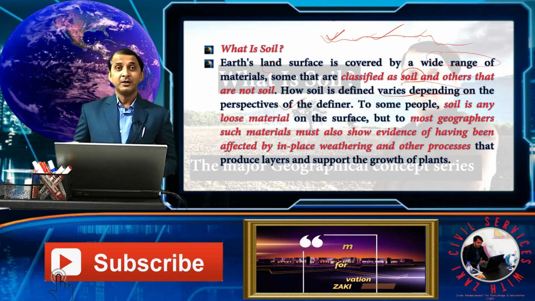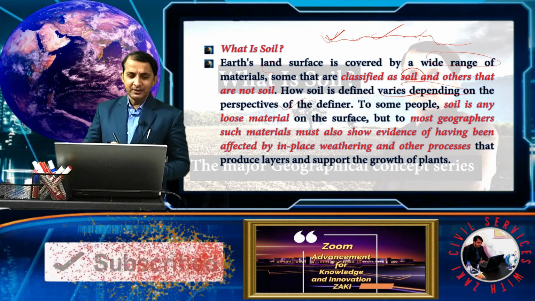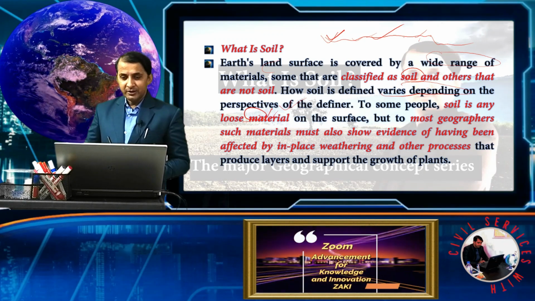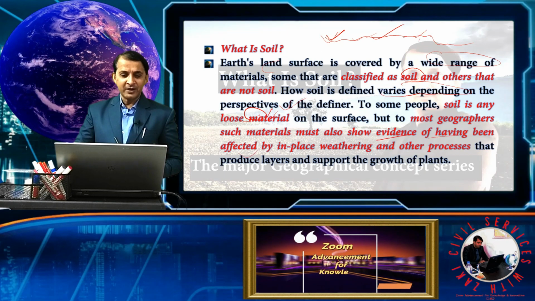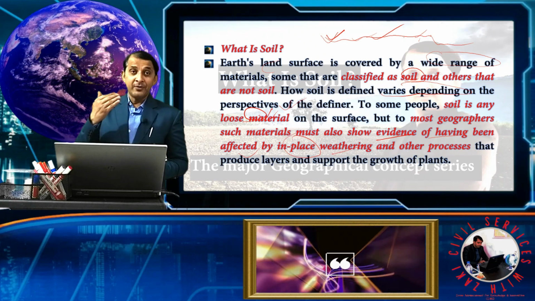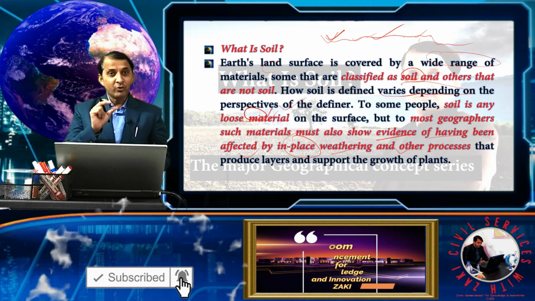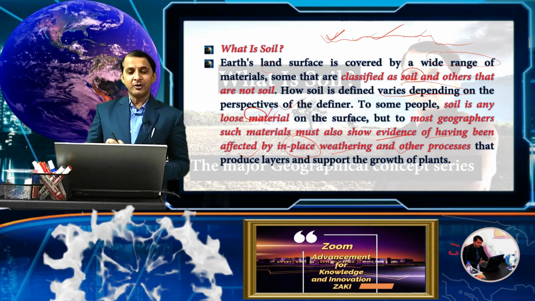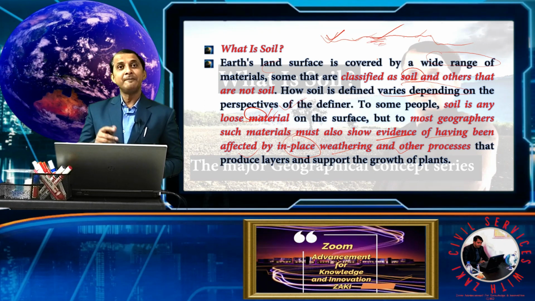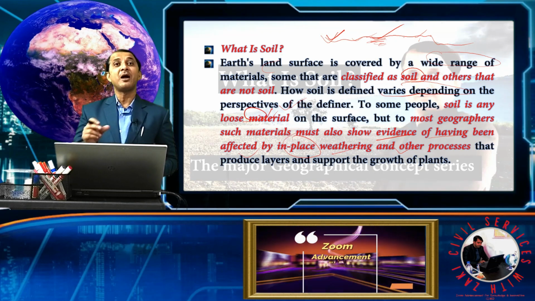That is the common definition. But for most geographers, such loose materials also show evidence of having been affected by in-place weathering and other processes that produce layers, and they also support plant growth.